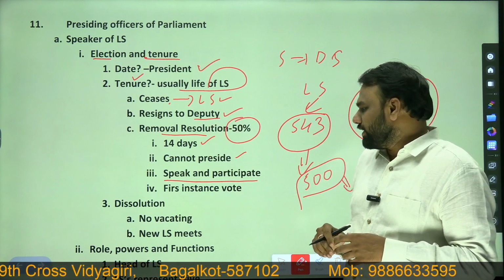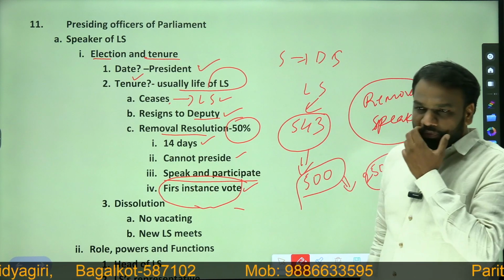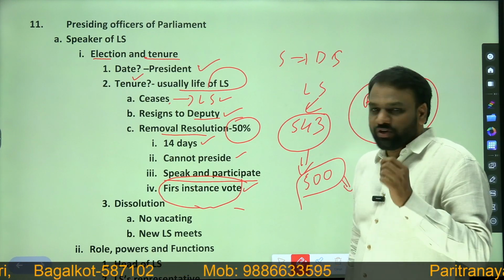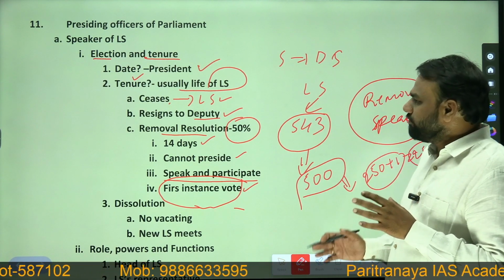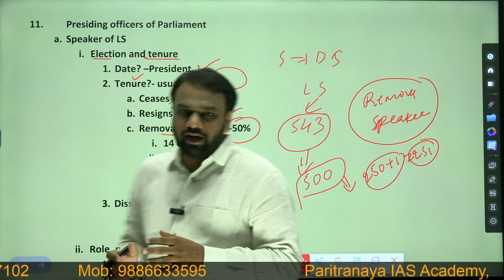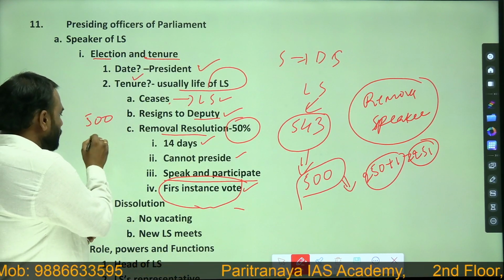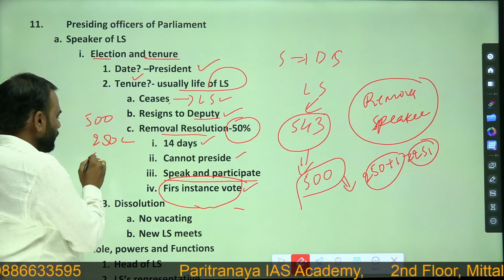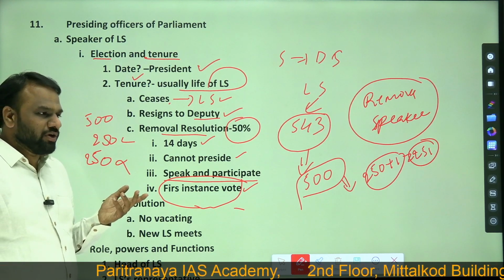Very important. Next, first instance vote. So now Speaker generally enjoys what? A vote in case of tie. For example, we want to take a particular decision, and let us assume among the 500 members, 250 are in favor of it and 250 members are against it. We cannot take a decision because we require a majority, right?